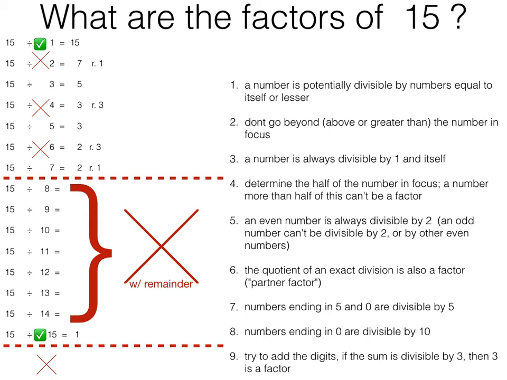Now, trying the number 3, we divide 15 divided by 3 results in number 5, which is exact number. So 3 is a factor of 15. And this exact quotient can be considered as a partner factor of 3. So 5 is also a factor of 15.